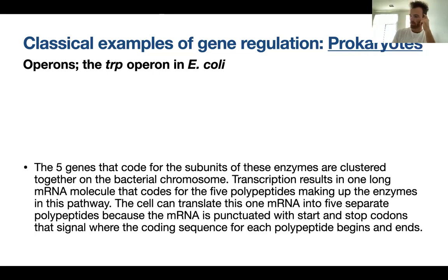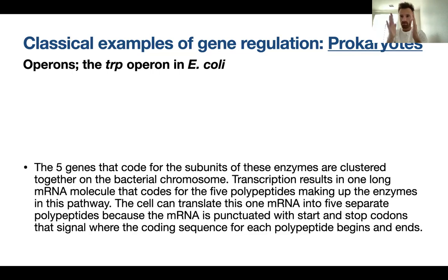Okay, not we, the E. coli, right? Now, bacteria have one chromosome. They don't have much genetic material. They're so small, they don't need 20,000 genes like we have. On this chromosome, there are 5 genes that code for the enzymes in this pathway.